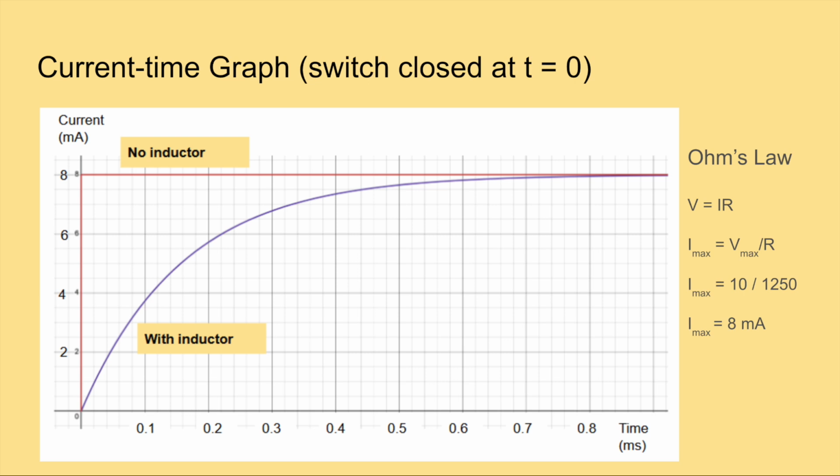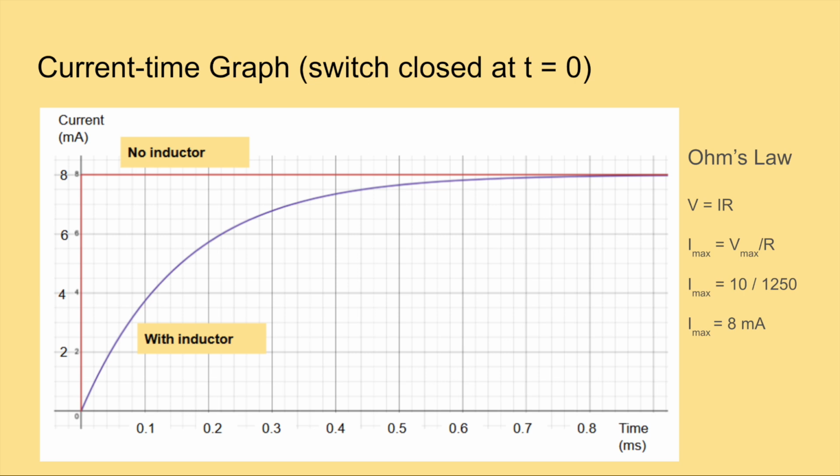Now, it's really important that we remember that Ohm's law applies here. So we can use Ohm's law to work out what our maximum current in the circuit will be, because the maximum voltage of the circuit will be the supply voltage. That's the maximum voltage that will be across the resistor once the inductor is no longer affecting the circuit.